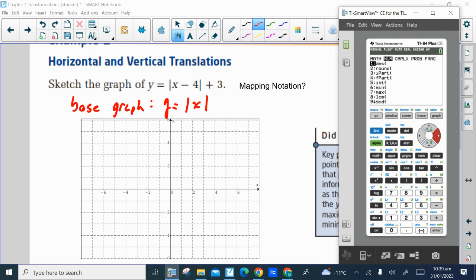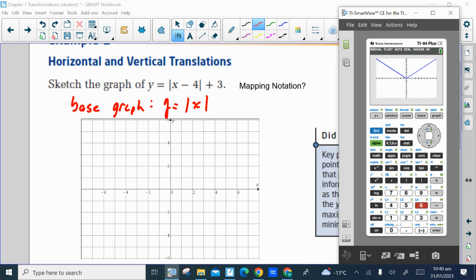On this calculator, it has absolute value symbols, so you put the X in and hit enter. On an older operating system, it goes ABS with an open bracket, you put the X in there, close the bracket. That's the absolute value of X. Zoom 6 sets my window to the standard settings between -10 and +10 on both axes.